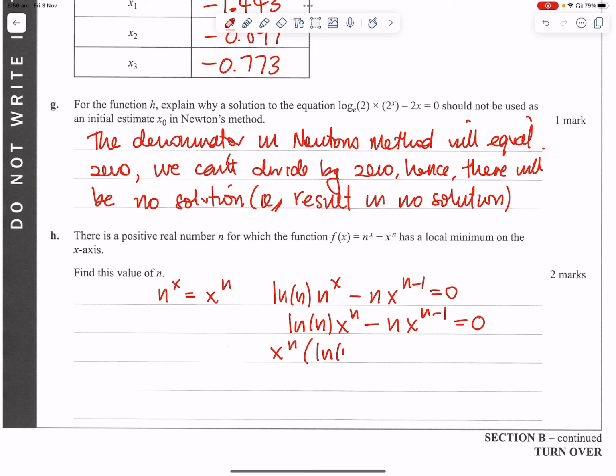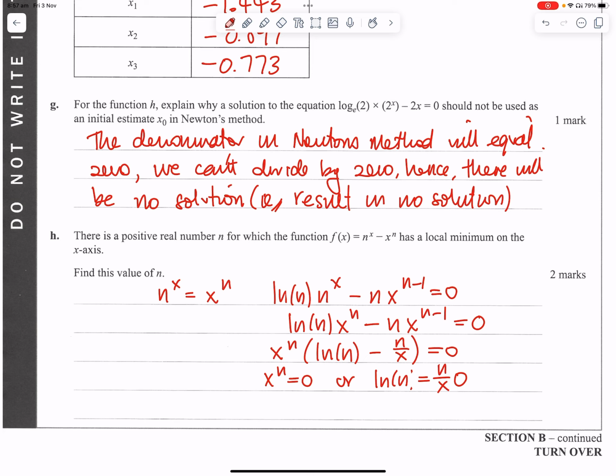We'd be left with log e n minus n x to the negative 1. So we know x to the n equals 0, or log e n minus n over x equals 0.